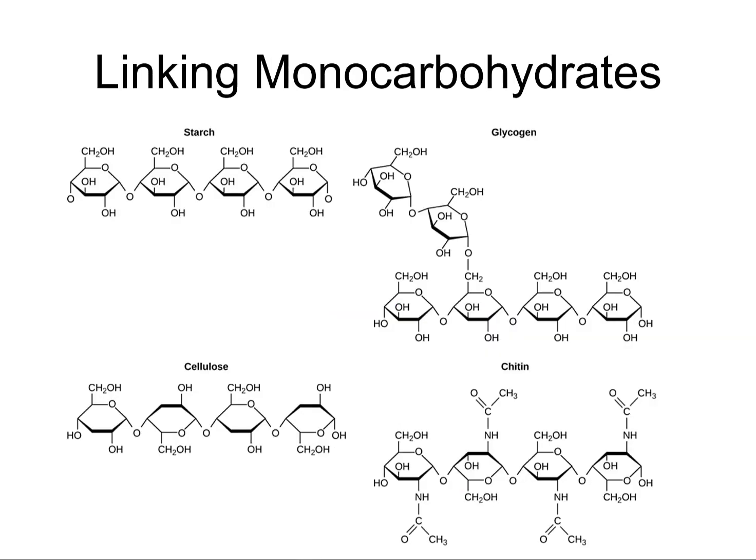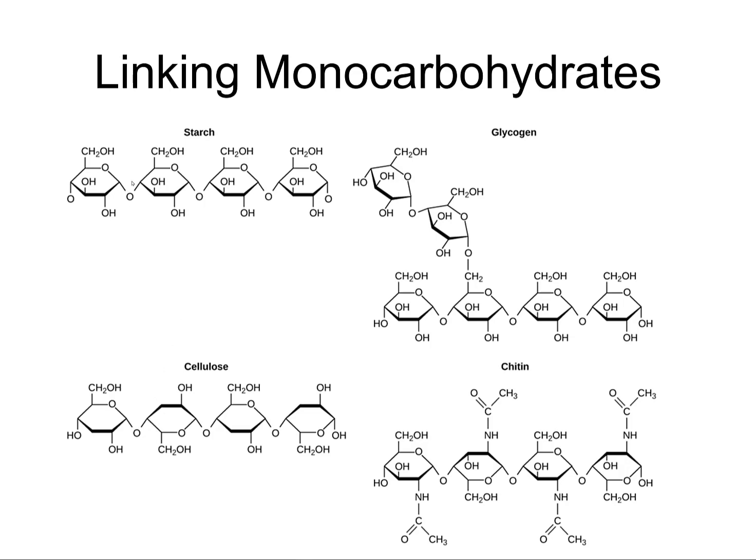And so we can link the monocarbohydrates together in long chains. We have starch, we've got glycogen, we're going to talk about those, and cellulose. If you notice, the bond angles are a little bit weird. This structure is flipped; even though the bonds look the same, they flip the chemical structure. This is actually a beta link.